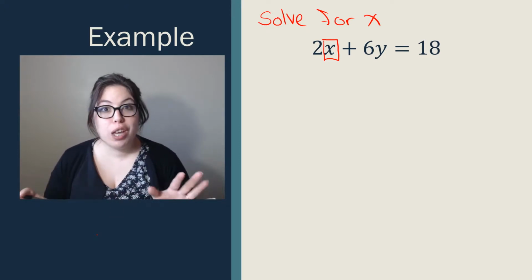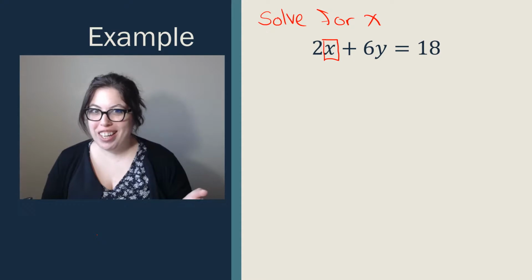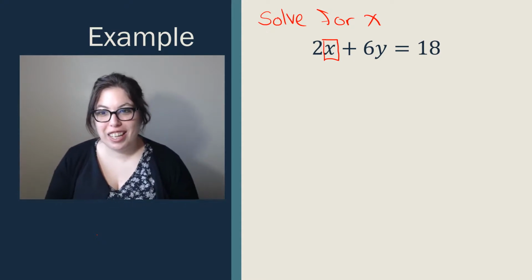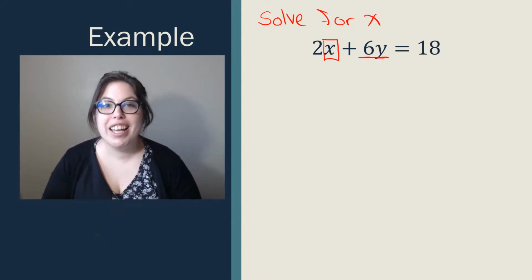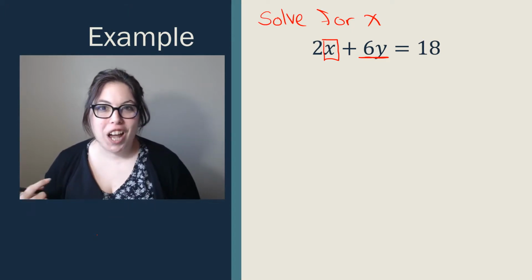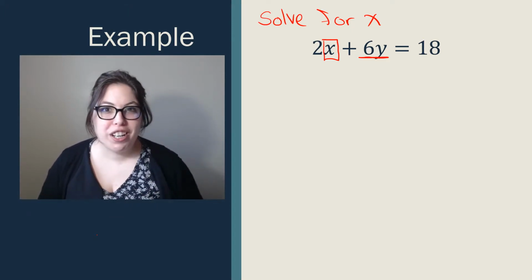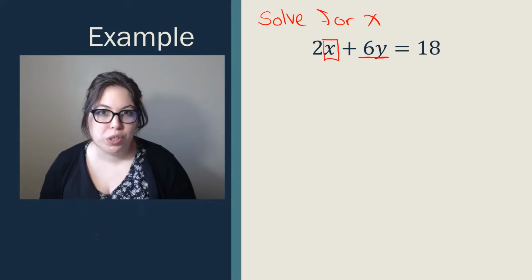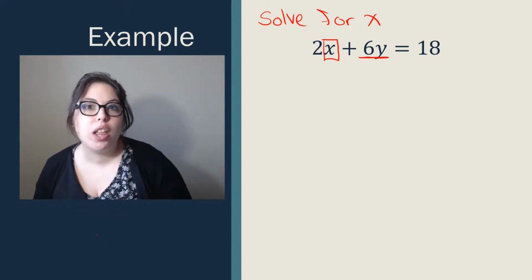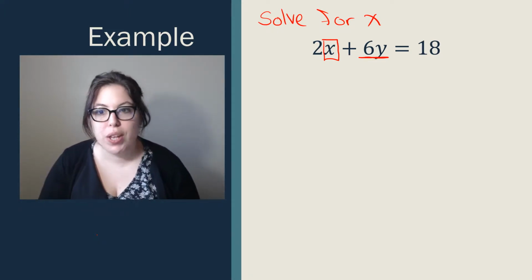okay? So the first thing I want to see is anything being added or subtracted to the x? And the answer is yes, the 6y is being added to the x. So to undo it, I have to do my opposite operation of subtracting it from both sides in order to keep that equality that the equal sign represents.